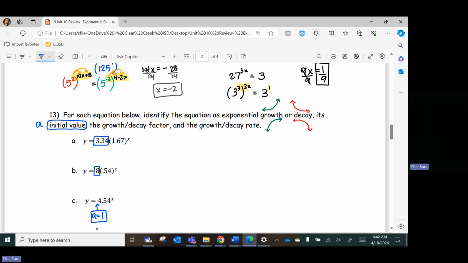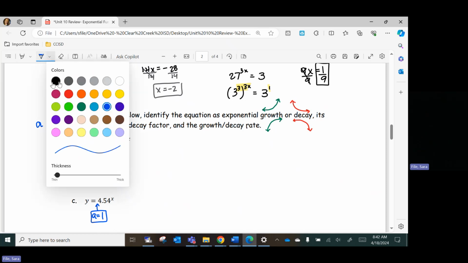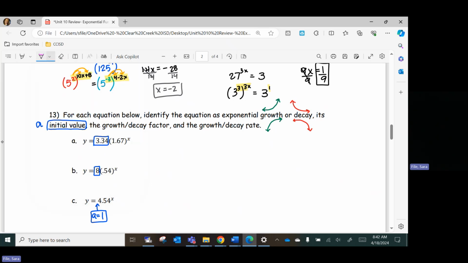Now your base value is what needs to be, let's see. Let me get a different color I haven't used yet. Let's do pink. Your base value is the growth or decay factor. That's your B. That is this number that's being raised to the power.